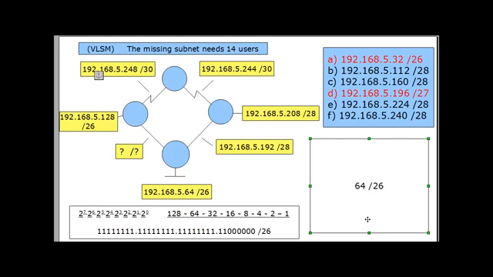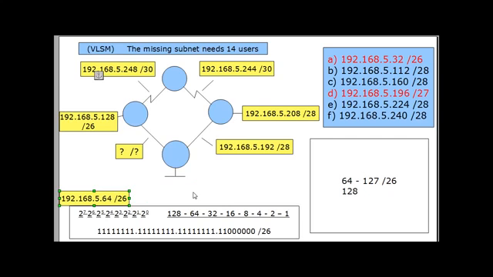That means the network, if it starts at number 64, is going to go all the way to 127, because 64 plus 64 would signal the next network, and the next network would start at 128. So we know that this network right here, the 64 network, size 64, is from 64 to 127.